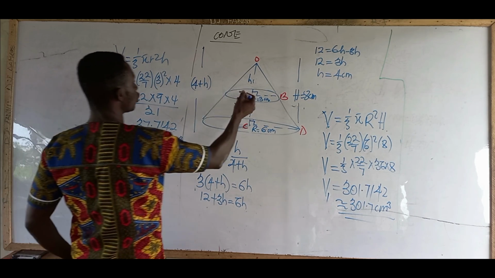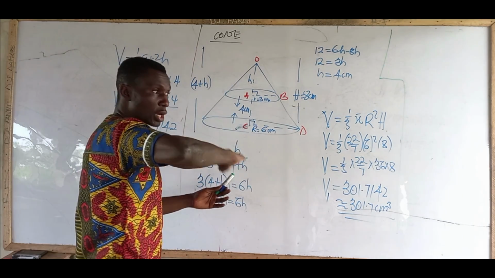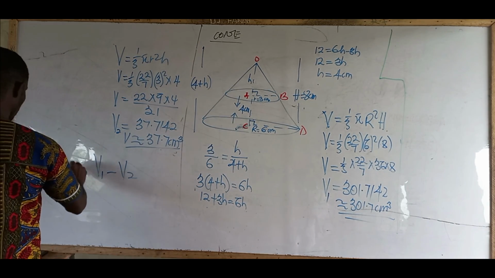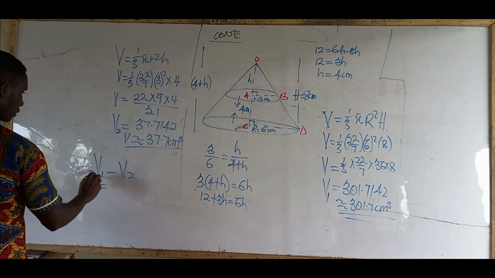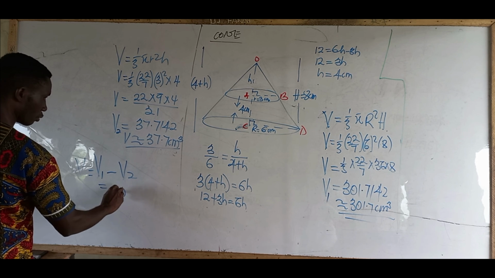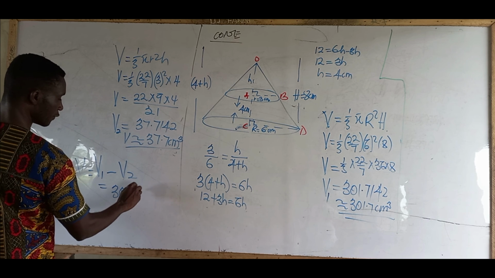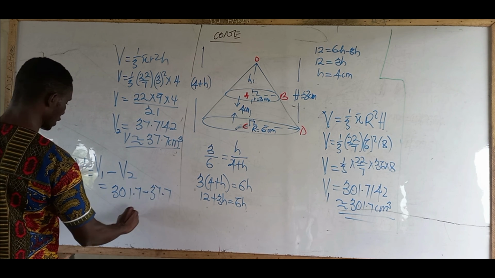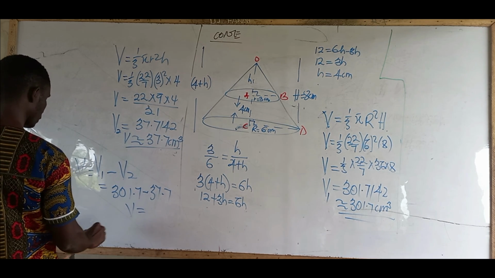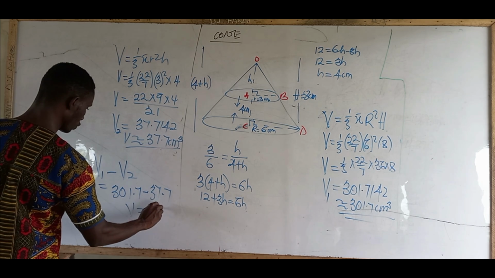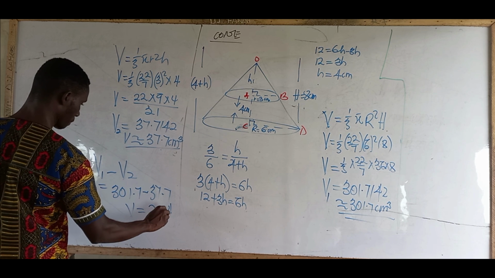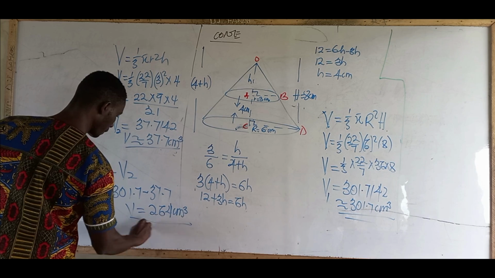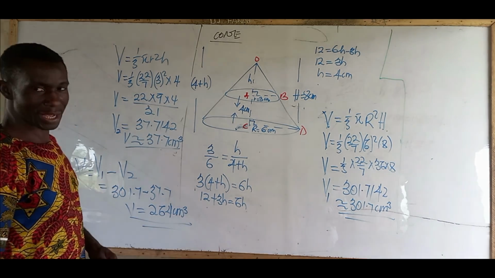So it will be 301.7 minus 37.7, and that will give us 264 centimeters cube. That is all. Just as simple as that.